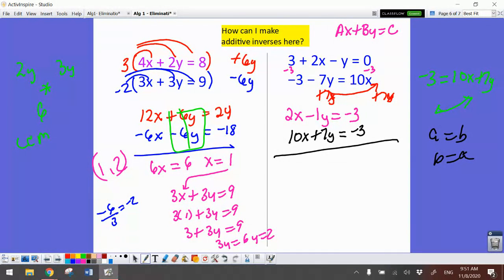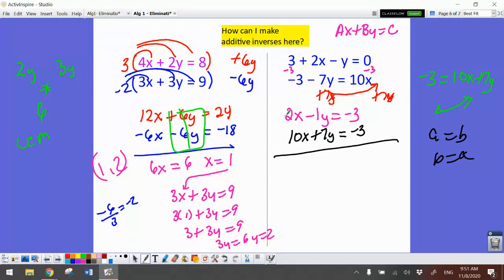So go ahead and hit pause and see if you can figure out what you're going to multiply by to be able to get x and y. And there's 2 ways to solve this one. It's kind of up to you. All right, so I think I see a couple things here.